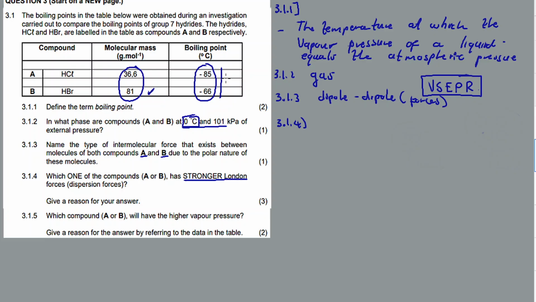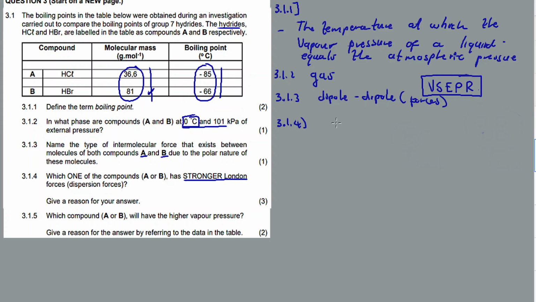The higher the boiling point, the stronger the intermolecular forces. There's also a direct proportion relationship between the molecular mass and the intermolecular forces. But you make this comparison only if those compounds belong in the same group. These are hydrides, so to compare hydrides, we can just look at the boiling points or the molar mass.